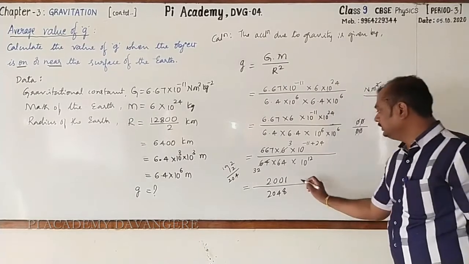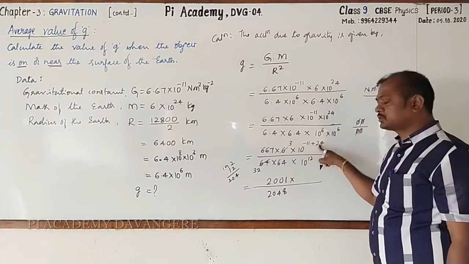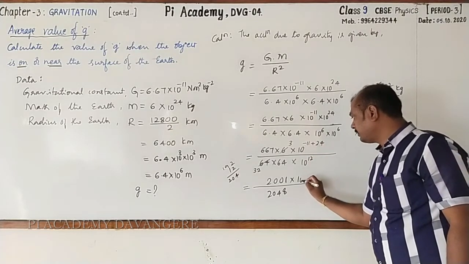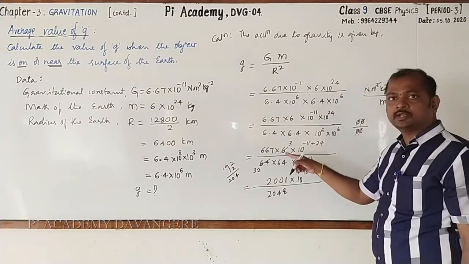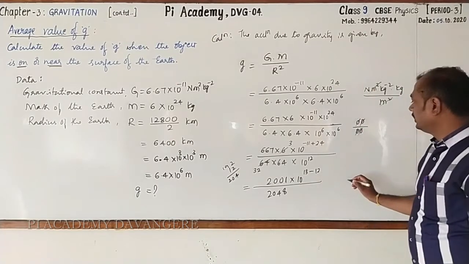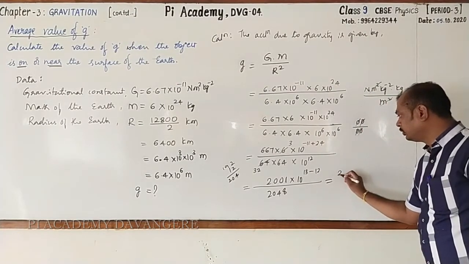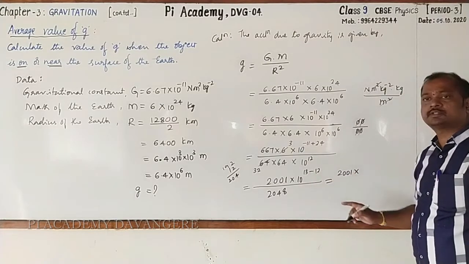Followed by 10^(-11+24), which is 10^13. Next, take the denominator power to the numerator; it becomes 10^-12. I don't have space, I'll write it here. It is equal to 2001 × 10^(13-12).